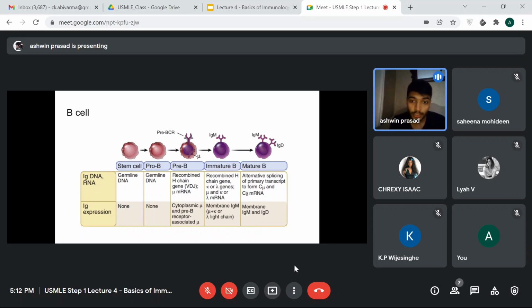So initially you have a T helper cell. The decision whether it becomes TH1 or TH2 is decided by what cytokines are secreted. So they indirectly have an effect on this. Once you know what cytokine is secreted, you'll realize what type of TH cell it will become, and from there on, you'll decide what kind of stimulation you'll give to the B cell. Okay, thank you.